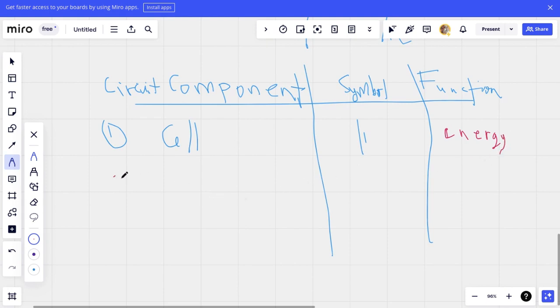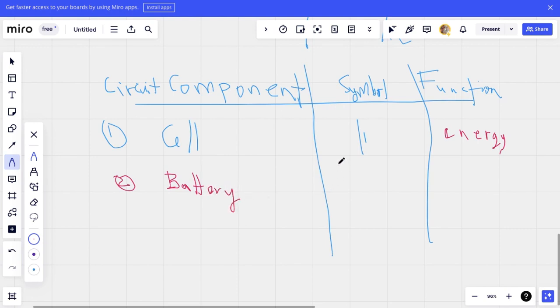The second one is the battery. A battery is when you put two or more cells together. If you put two or more cells together, you get a battery.